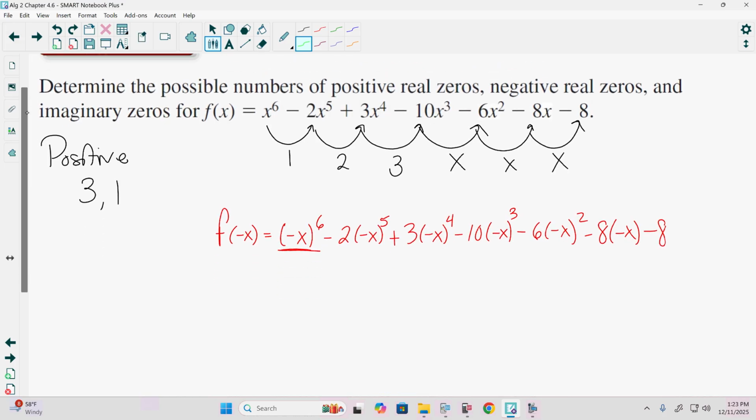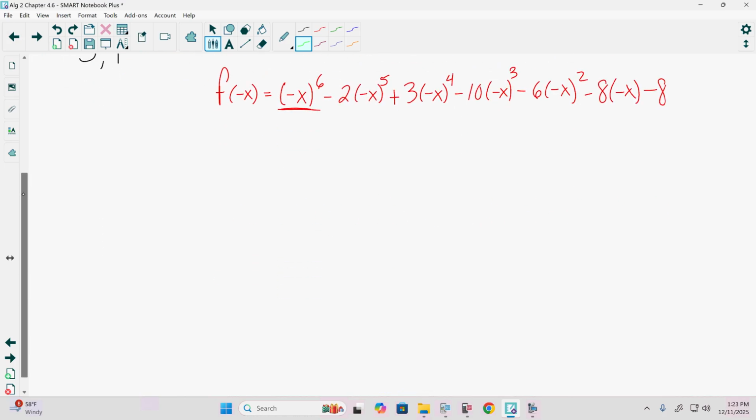So with our x to the 6th, it is still going to be x to the 6th, but that negative is going to become positive because we multiplied that negative by itself an even number of times. So we know if the exponent's even, that sign should be positive coming out of the parentheses. If the exponent's odd, it should be a negative coming out.